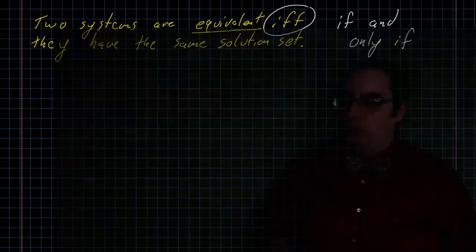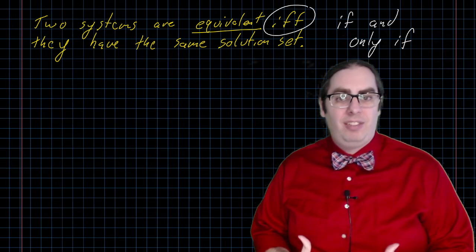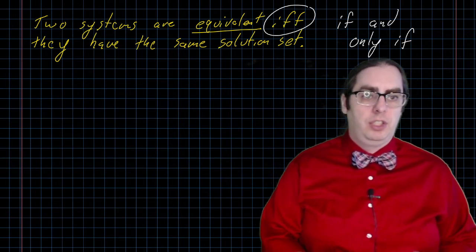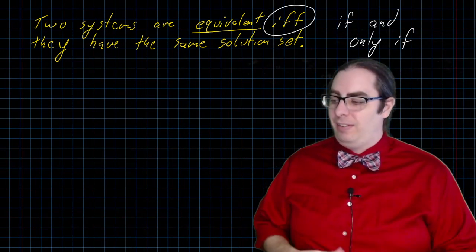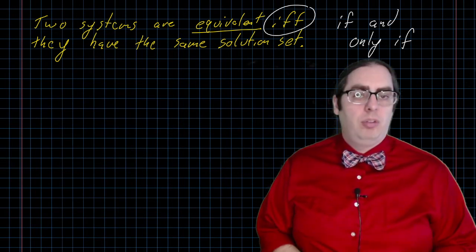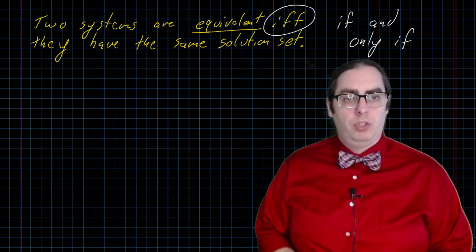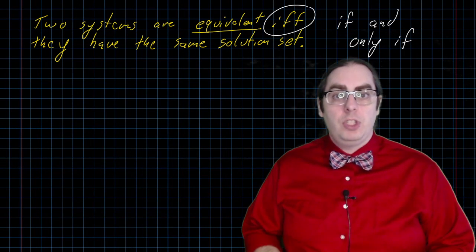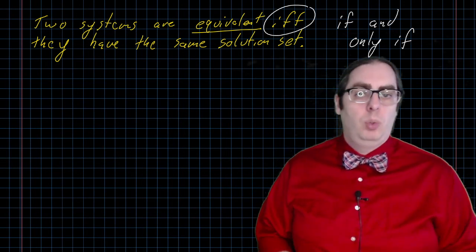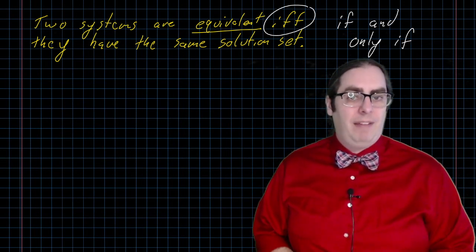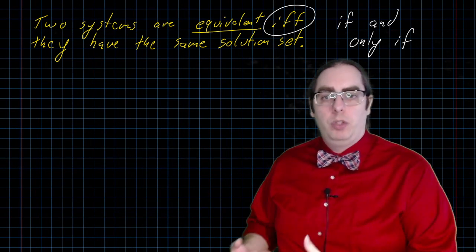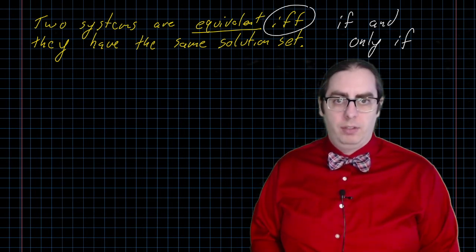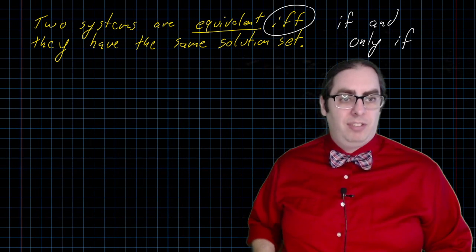Sometimes you'll see this referred to as necessary and sufficient conditions. It is necessary that two systems of equations have the same solution set. It is sufficient to know that two systems have the same solution set if we want to show that they are equivalent.